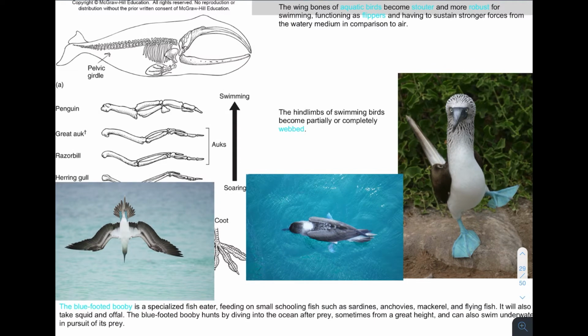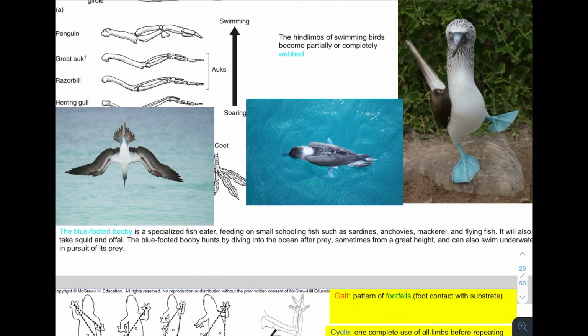So the next thing we want to look at is how the limbs of swimming birds change. And so we want to look at birds of flight, and we want to look at swimming birds. And there's everything in between, right?